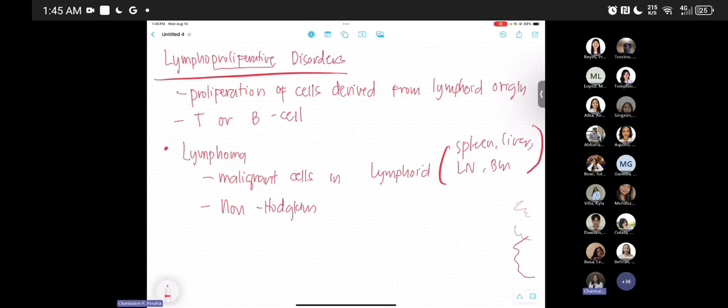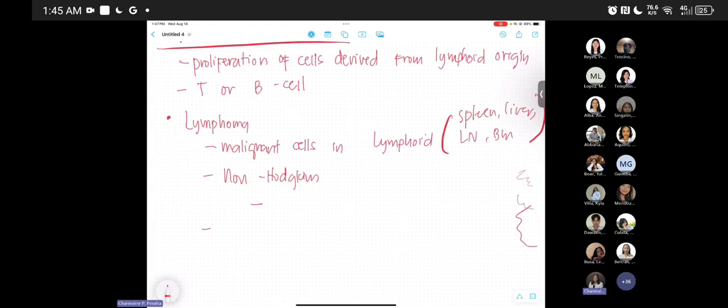So we have non-Hodgkin's lymphoma. And we have Hodgkin's lymphoma.